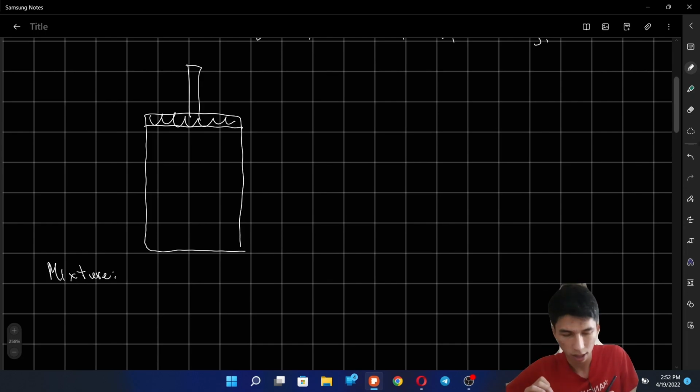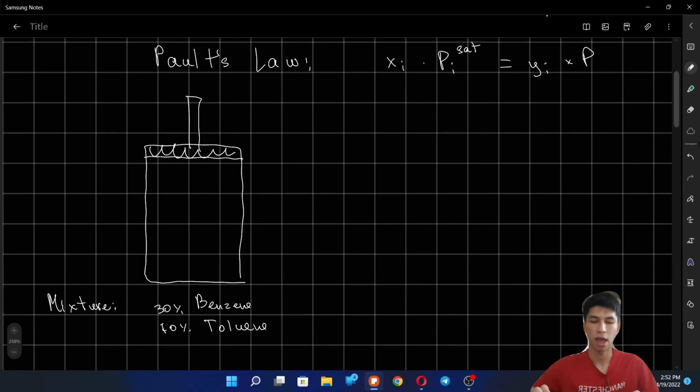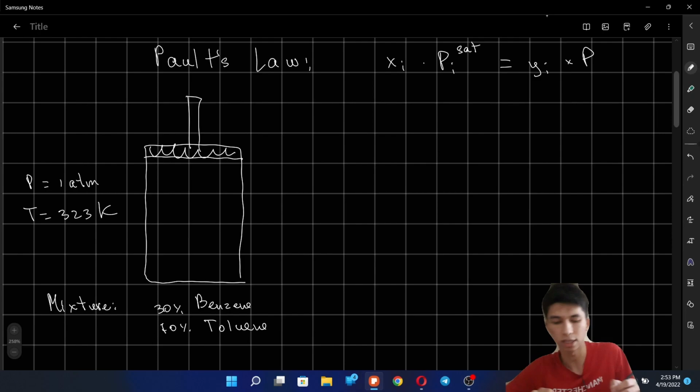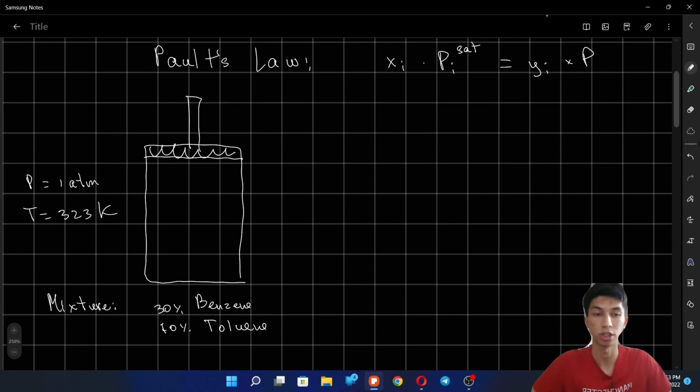Let's say 30 mole percent of benzene and 70 percent of toluene. And we're given the pressure and temperature, which is going to be 323. Let's say this is our given temperature and pressures.